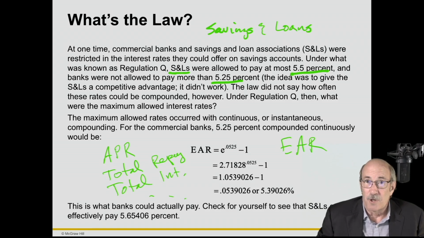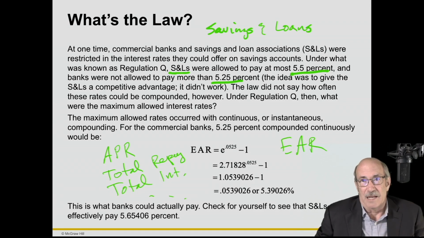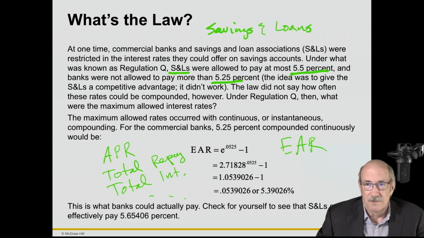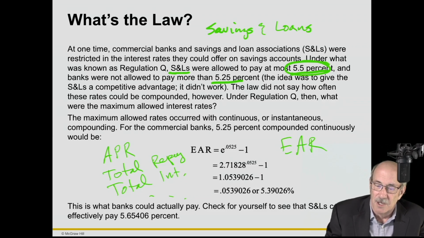Credit unions are the way to go. And they also typically, a credit union is owned by its account holders. So in other words, any profit gets plowed back into the credit union. Back to the story here. So S&Ls, they were paying 5.5% and banks were paying 5.25%.